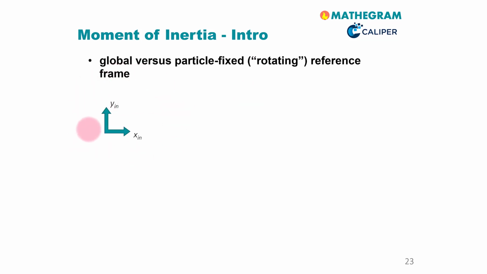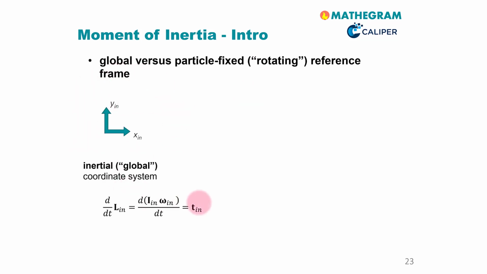Here again, the global or inertial frame. Here we have our relatively simple angular momentum balance equation that looks like this. We now transfer this balance equation to the particle-fixed or rotating reference frame that is oriented such that it coincides with the axes E1 and E2 of the particle under consideration.